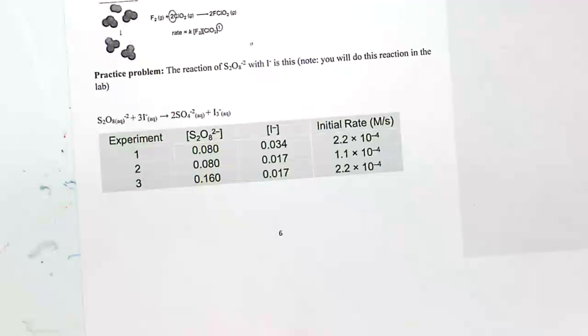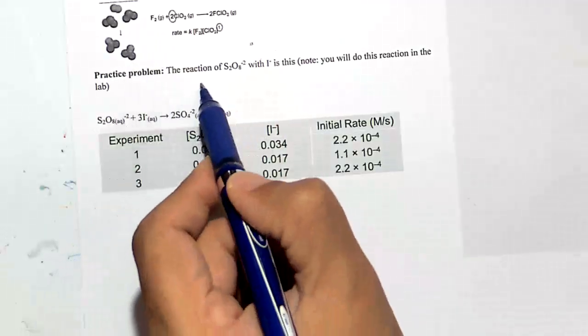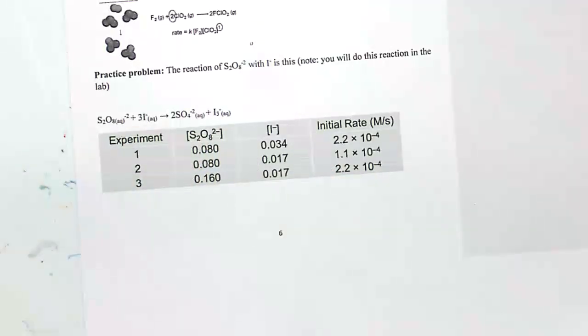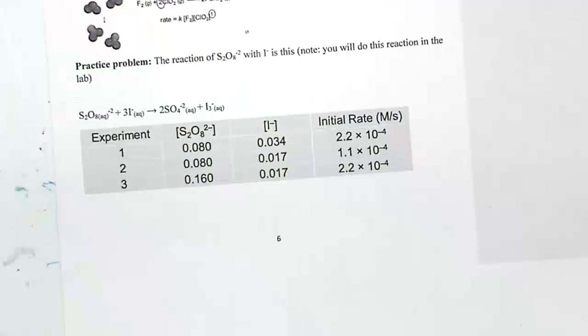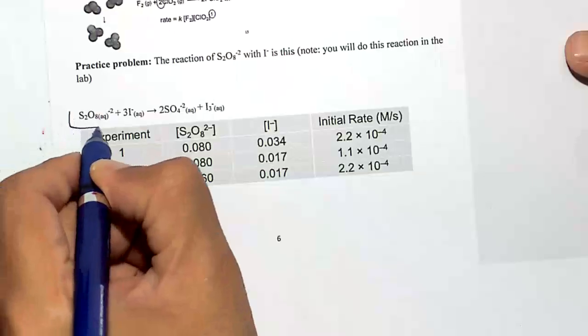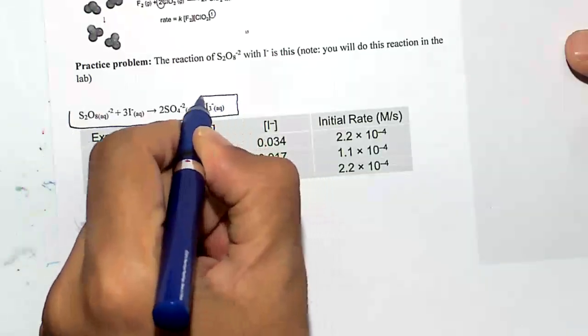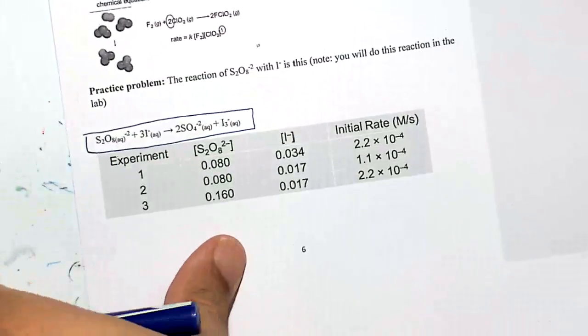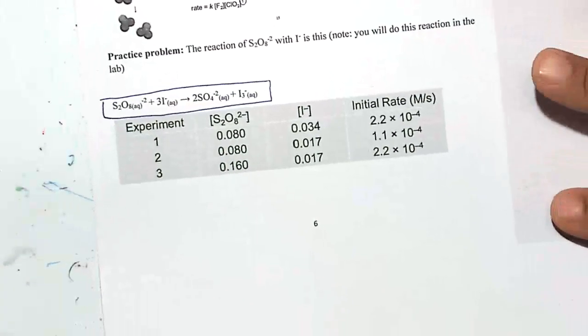All right, so up above is a worked out problem. This is a problem that we will work on together. All right, so the reaction of S2O8 minus 2 with I minus is shown here. Okay, so here is our reaction.